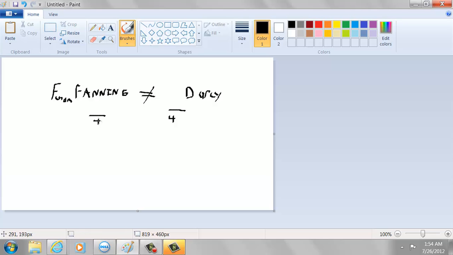Fanning, there is a 4. For the Darcy, there is not a 4. And this is also known as the Darcy-Weisbach friction factor. And this is commonly used in civil or mechanical engineering. So they are not the same.